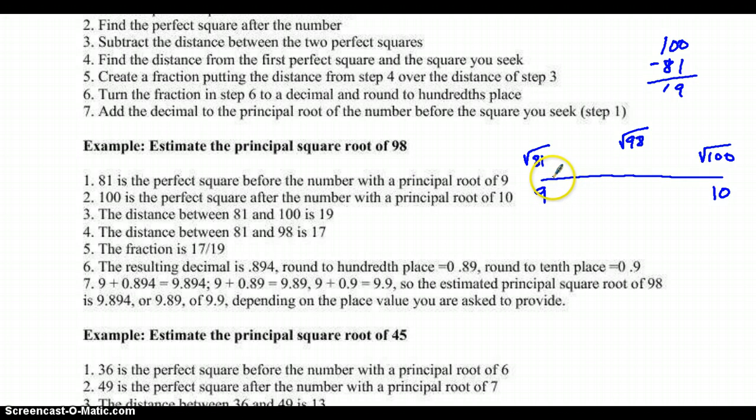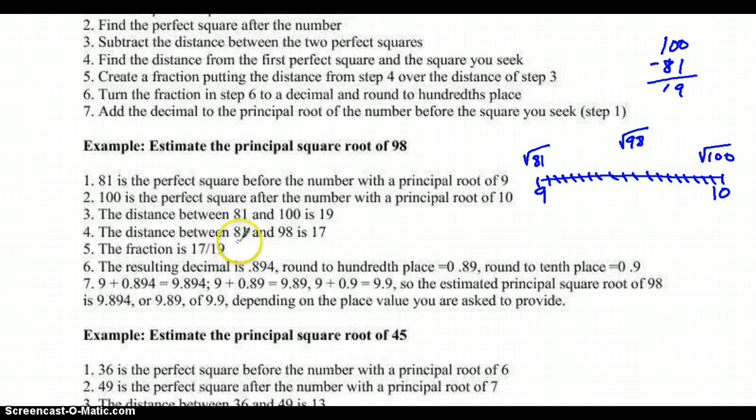Since we know that's 9 and that's 10, we can count 18 marks in between, and this is the second way that we can do this. So that's 19 units from 81 to 100.